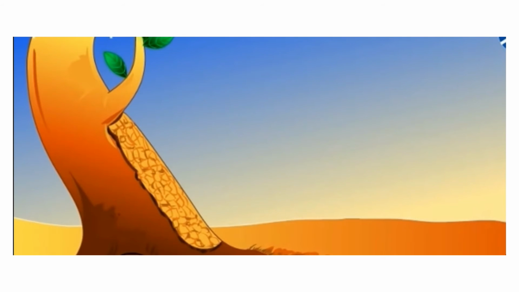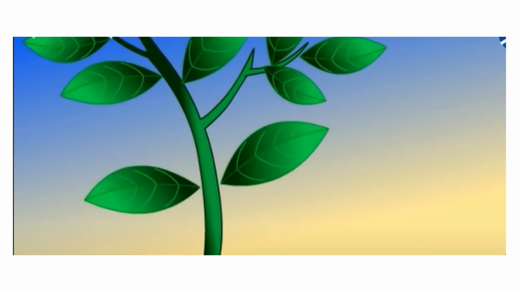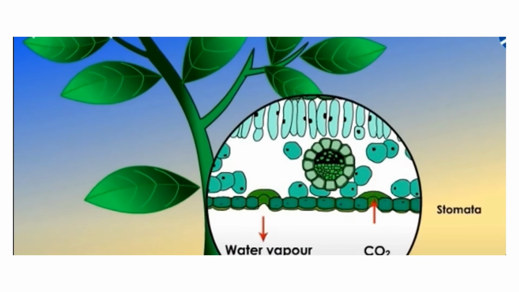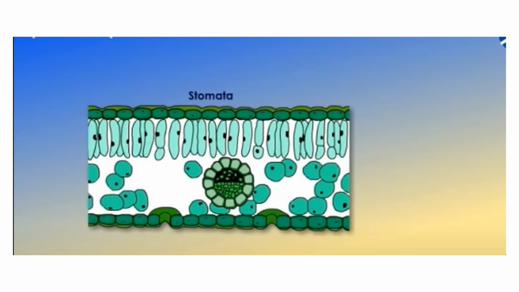Small herbaceous plants, those that are green in color, have stomata present in their stems. So the gaseous exchange takes place through these stomata. Even green leaves have stomata. So in leaves also the gaseous exchange takes place through the stomata and hence respiration takes place.